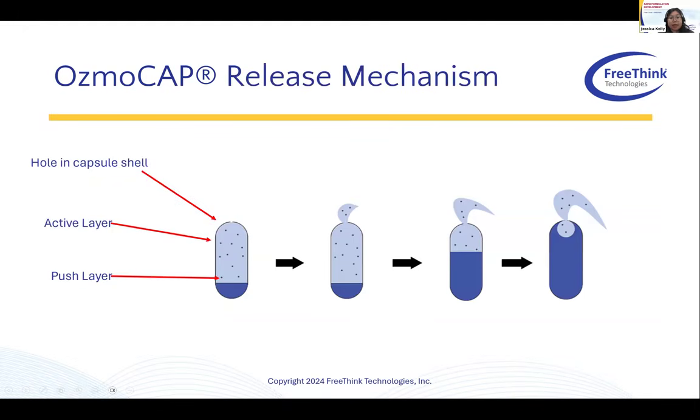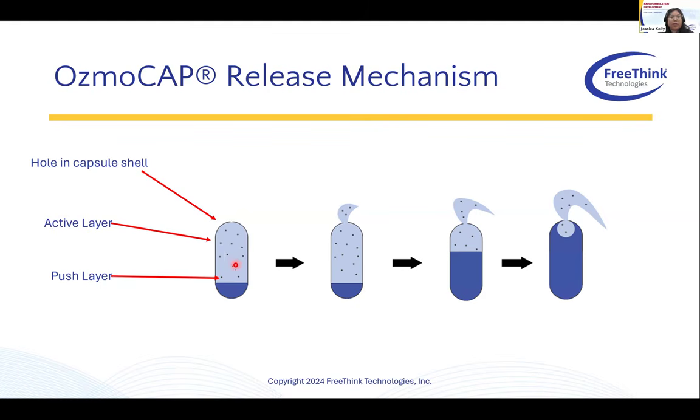So what does the osmocap release mechanism look like? An osmocap is made out of two capsule shells, and one of the capsule shells has a hole to allow for drug to come out. When an osmocap enters the GI tract, water is osmotically drawn into the shell at a rate that is determined by the capsule shell permeability, and the active and push layers inside the capsule shell will start to solubilize as water comes in.